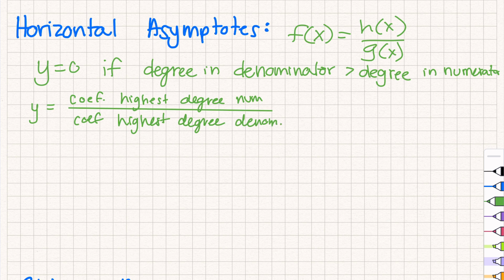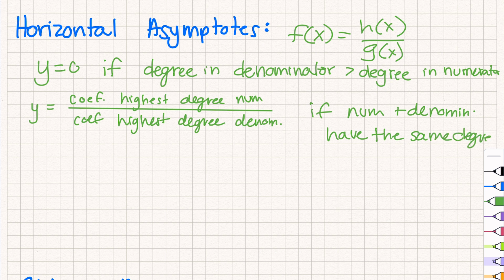And this is going to be the case if the numerator and the denominator have the same degree. So an example would be if I have 3x squared over 2x squared, then it would be 3 over 2.